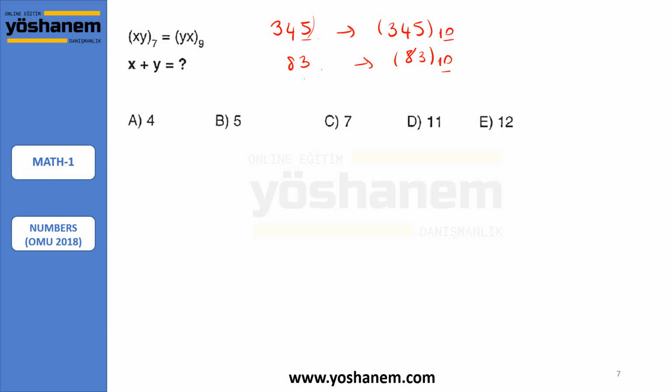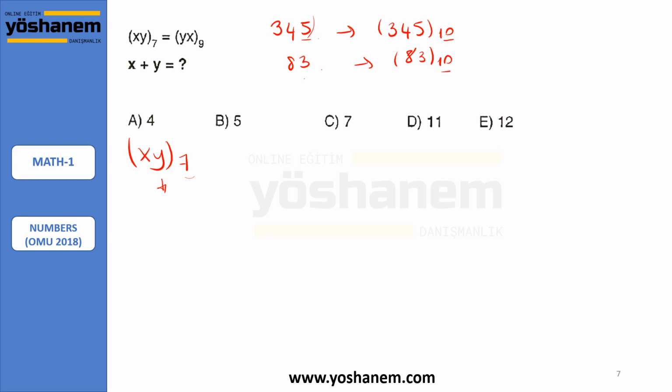So what about different bases? If you have numbers in different bases, it's easy to change its base from the given base to base 10. So we are going to do that to solve questions. So in this exam question, it's xy in base 7. When solving xy in base 7, we are gonna multiply xy by a power of 7, okay?